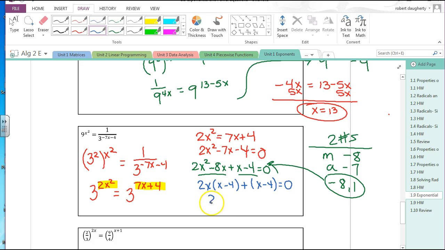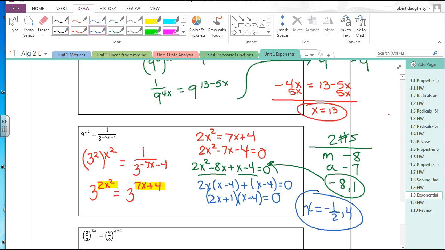Therefore, (2x plus 1) times (x minus 4) equals 0. This means that x is equal to what? -1/2 or +4. So I got two answers for this one.